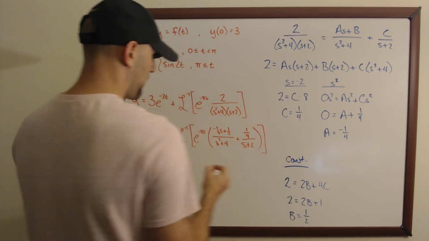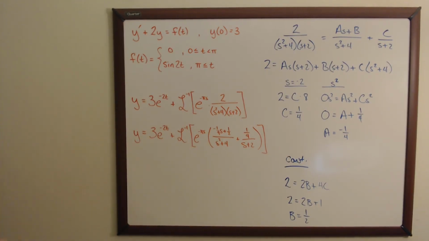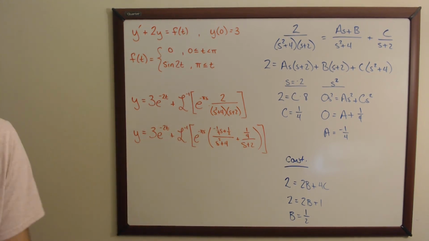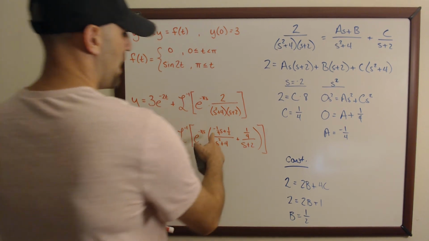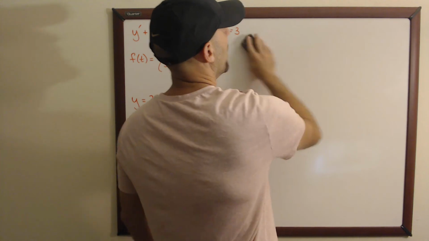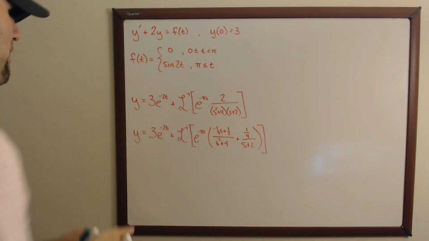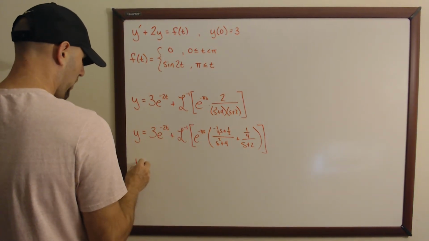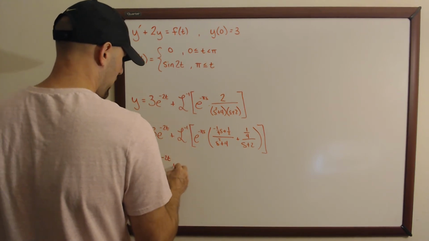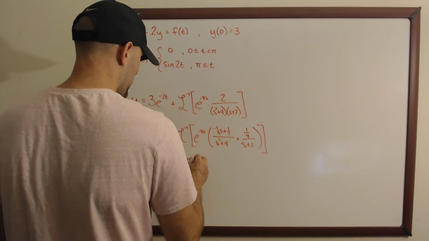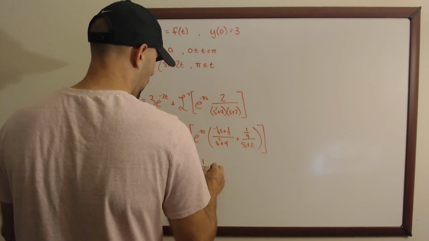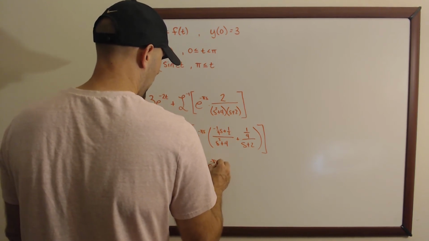Now, I'd like to factor out a -1/4 from all these things. The reason I want to do that is I'd like to make these coefficients in my numerator a little bit nicer, right? So let me go ahead and do that. If I factor out a -1/4, I get 3 e to the -2t plus the inverse Laplace transform of -1/4 e to the negative pi s.